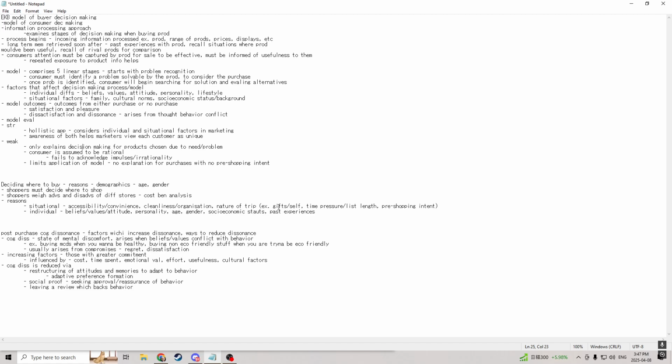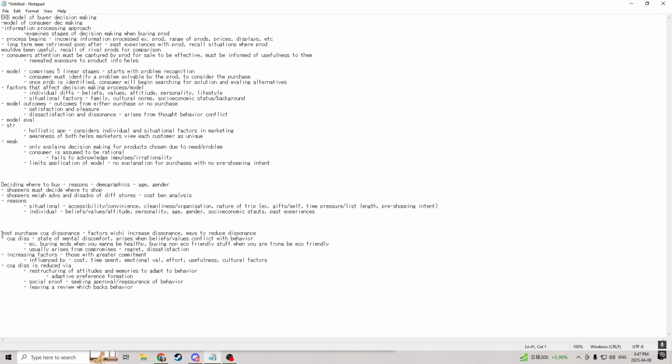For example, are you getting gifts or are you buying something for yourself? Are you under time pressure? How many things do you have to buy? And did you have any pre-shopping intent like research beforehand? Or are you just impulsive? Individual factors: beliefs, your values, your attitude, your personality, your age, your gender, your socioeconomic status, and your past experiences at different stores, right?